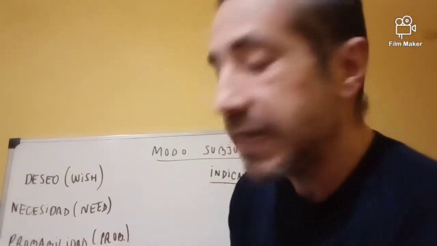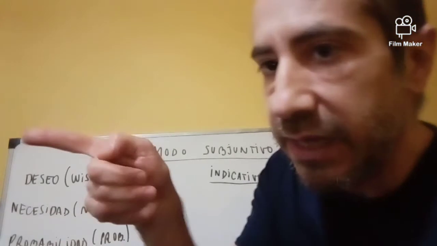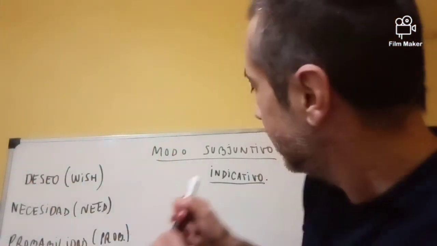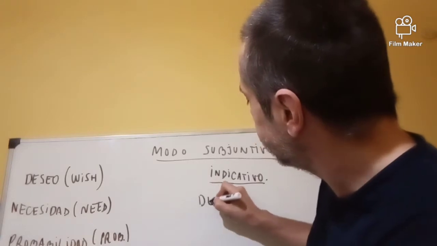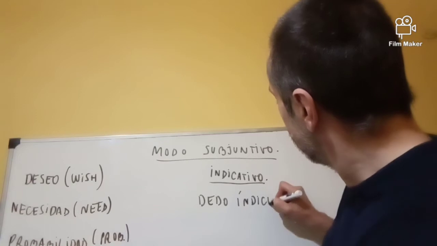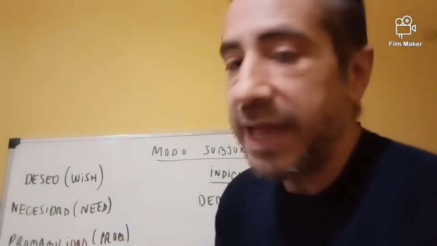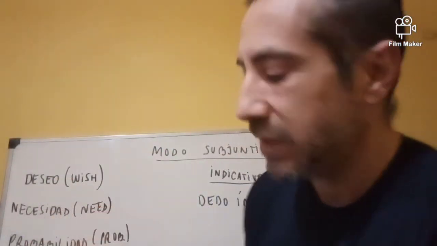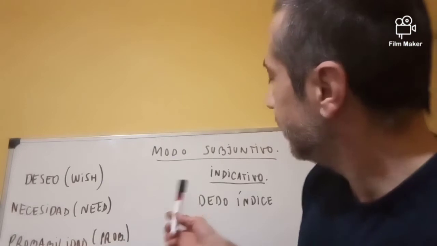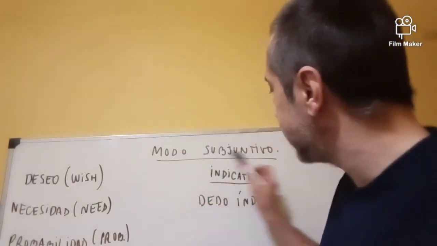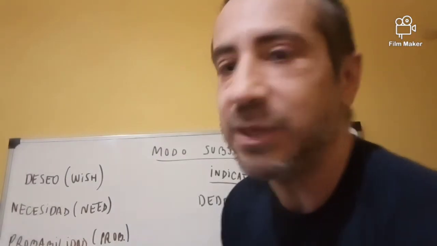It's called indicativo because we indicate with this finger. It's called índice, dedo índice, because we mainly use it to indicate something. And metaphorically, the conjugation takes this name, modo indicativo.